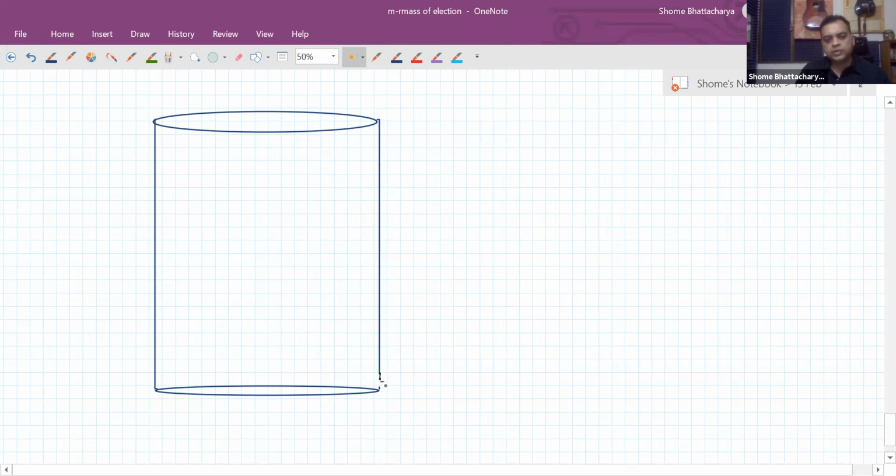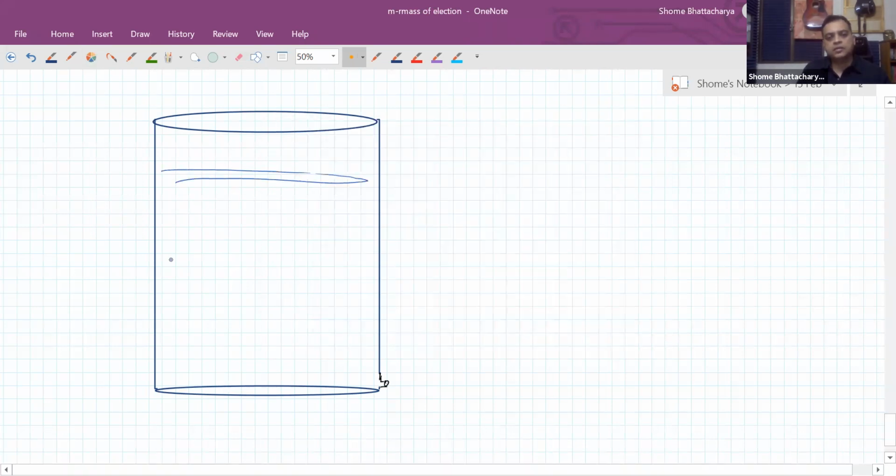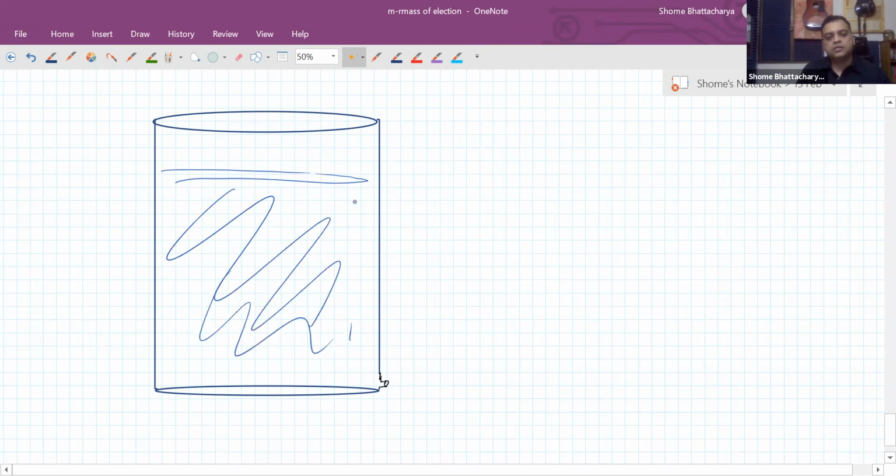So we have a small opening here at the bottom, and it is filled with fluid up to a certain height. On opening the orifice, or the small opening over here, liquid comes out in an efflux.